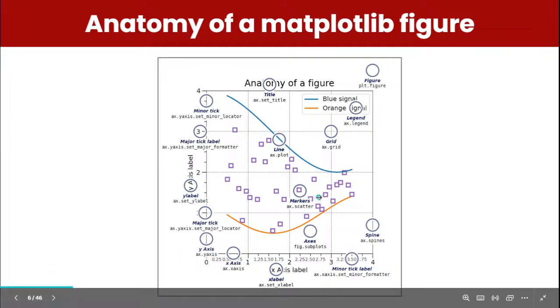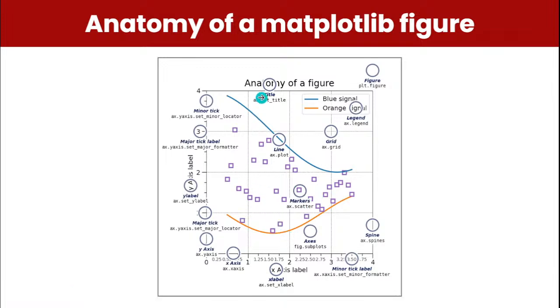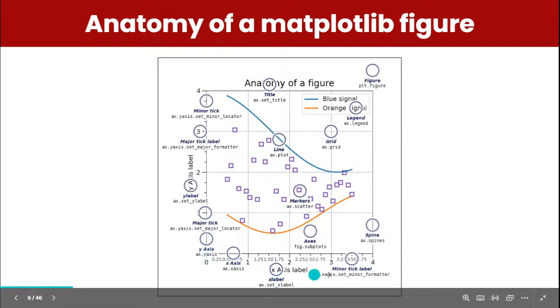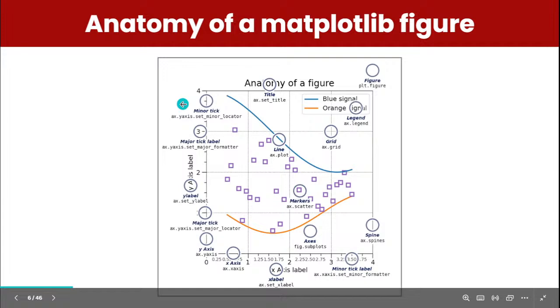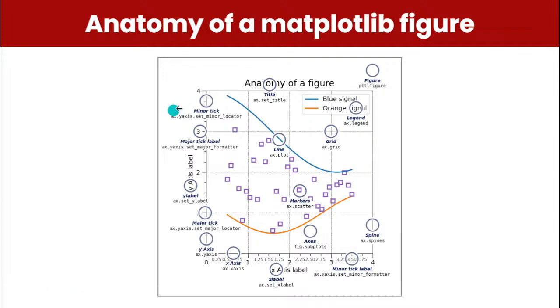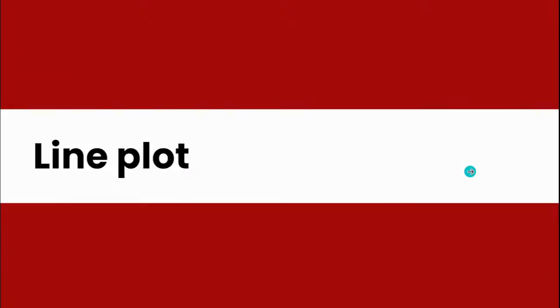For example, we can set a title, we can set a legend which will tell you which color of line is which one, and we can have major text, minor text, X label, Y label. Okay, and markers, line color and all, you could set differently, and you could set the size of it. So all these things come under the anatomy of a Matplotlib figure, which we can alter later on.